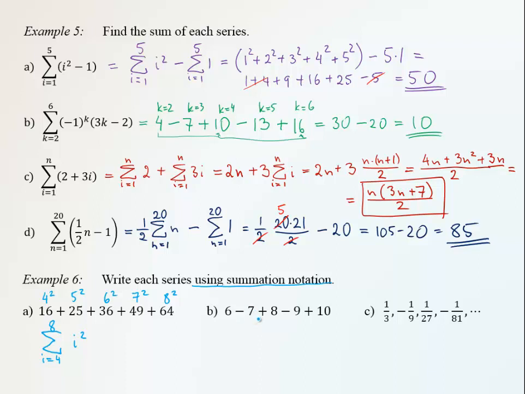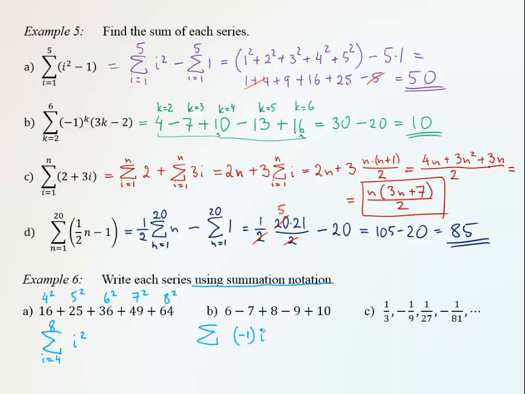Okay, let's look at the second example. Here the sign alternates, so we should have some factor of -1 to something. We need to figure out if this something will be the counter or change the parity of the counter. We'll see in a second. So sigma of -1 to something. And then what's the pattern? Well, those are consecutive numbers starting from 6 ending on 10.